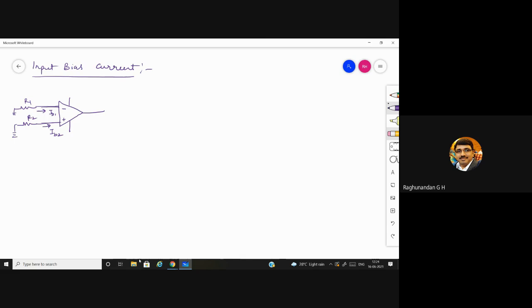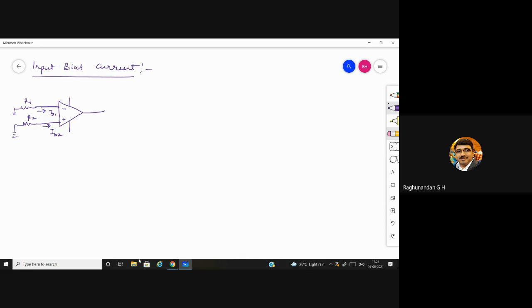Yes, correct. Your answer is correct. Ideally speaking, both the transistors which are used should be the same. They should have the same voltage drop, that is VBE should be the same for both, and both should be NPN. Everything should be the same.